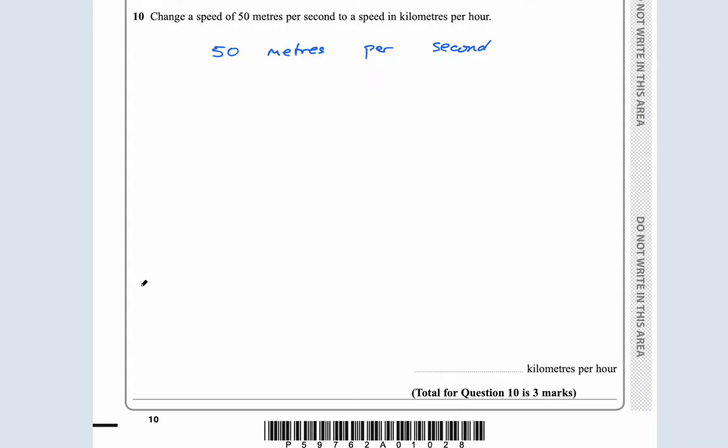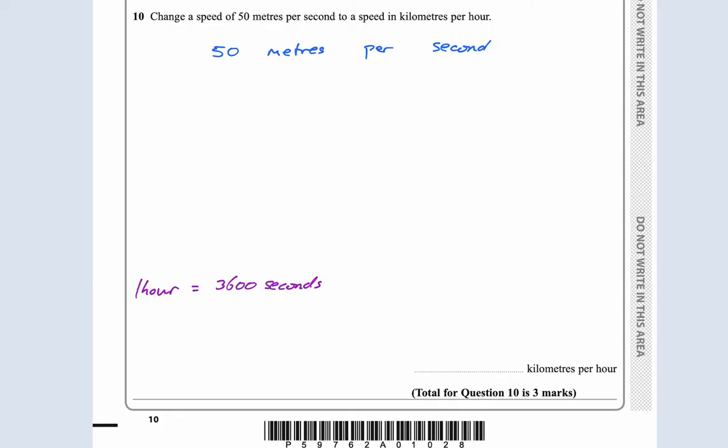It's worth noting that 1 hour equals 3,600 seconds because 60 times 60 is 3,600. 60 minutes in an hour, 60 seconds in a minute. So if he's doing 50 meters per second, how many meters is he doing in an hour?